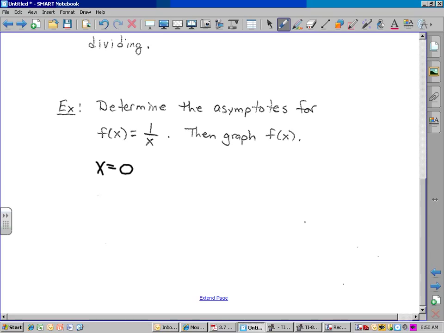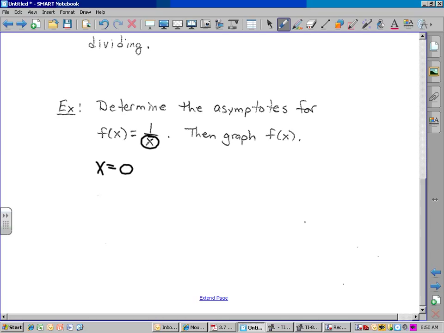Okay? Question number 2. The x that caused this 0 in the bottom, will it cancel out with something on top? In other words, we might have a function that could be factored, and we might actually be able to cancel out the x. But we didn't have that to begin with. So does the x cancel out? In this case, the answer is no. It does not cancel out.